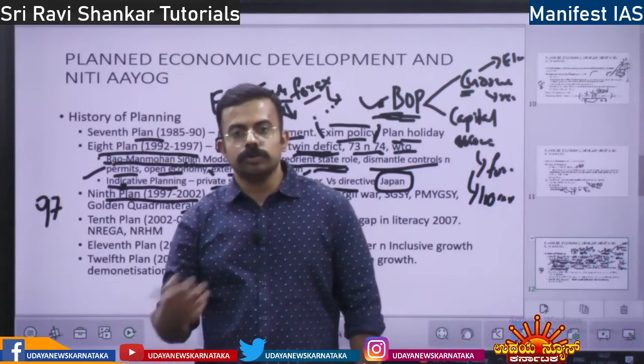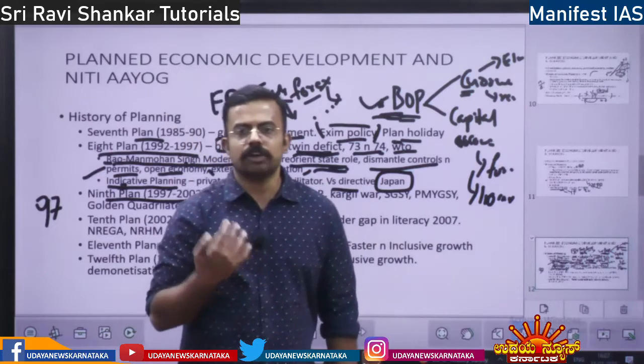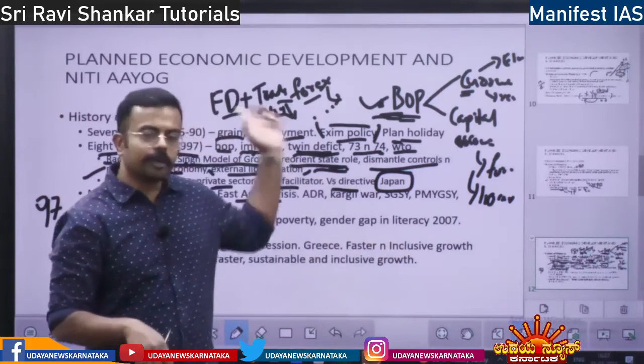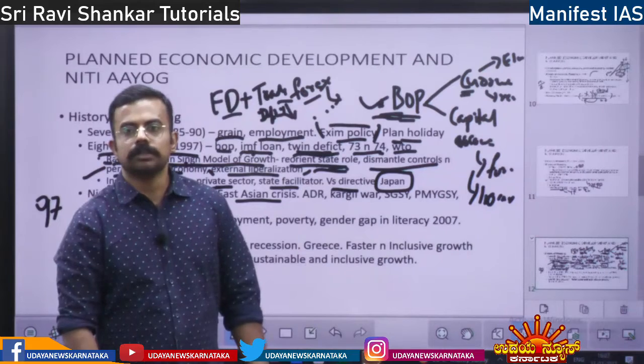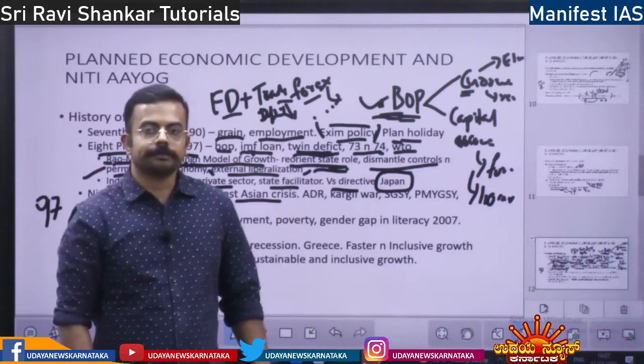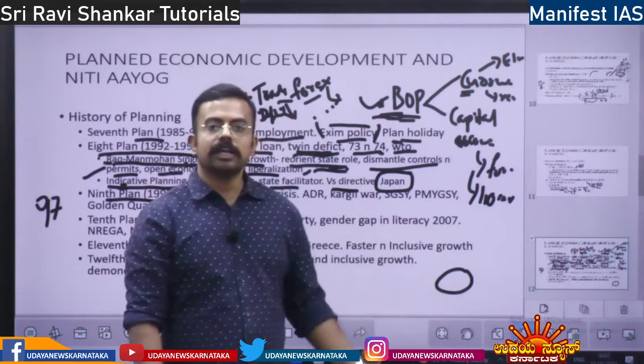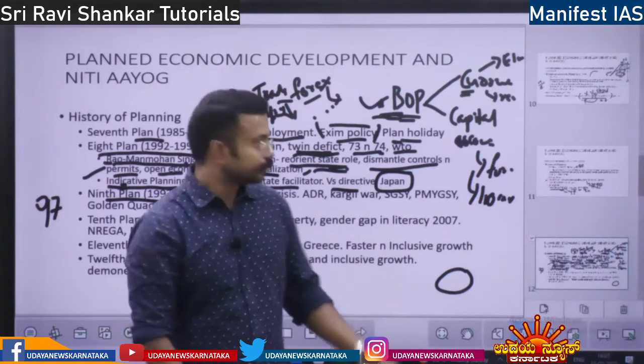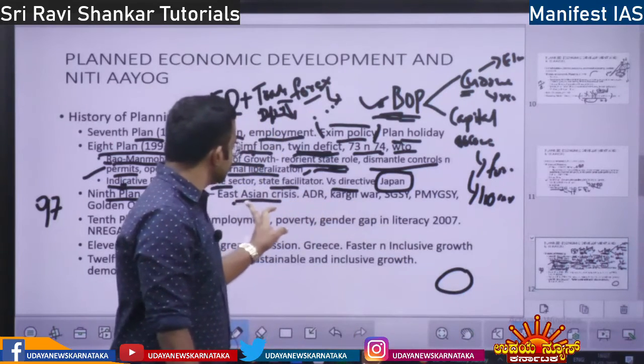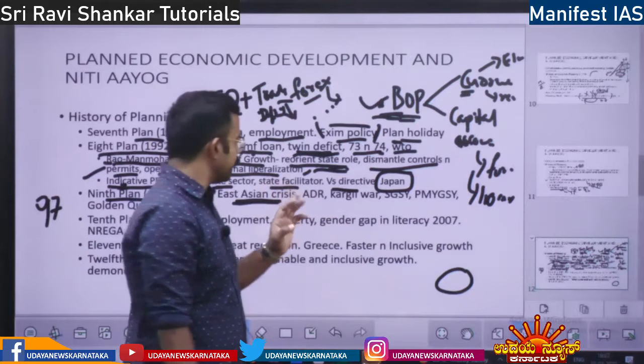The economy was dependent on foreign income, and there was no local investment. Due to maybe interest rate or policy changes, all the foreign investment goes back to the West. There will be a crisis in these countries. There won't be money. That is the East Asian crisis, briefly, right?